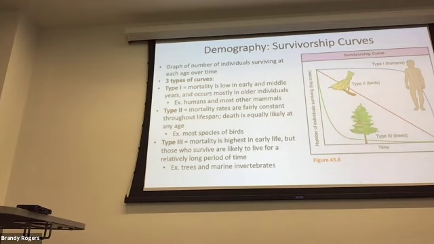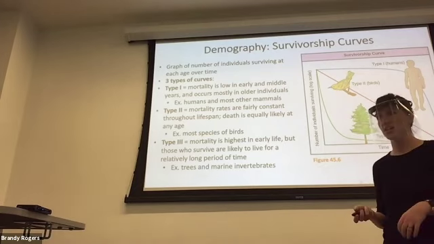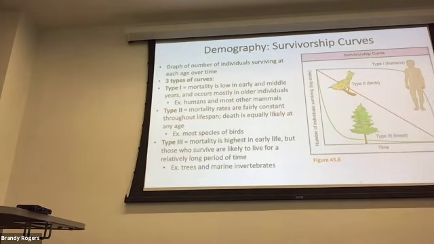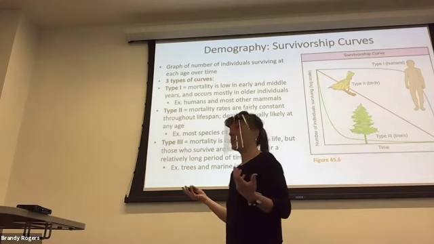So how many of those seeds do you think actually turn into full-on big adult trees? Like 3? Yeah, like 3. Exactly. Very low, right? Low percentage of the overall production. So you have a really high number of offspring with the full understanding, as much of an understanding as a tree has, that they're not all going to make it.